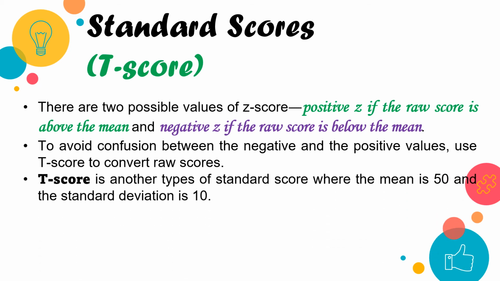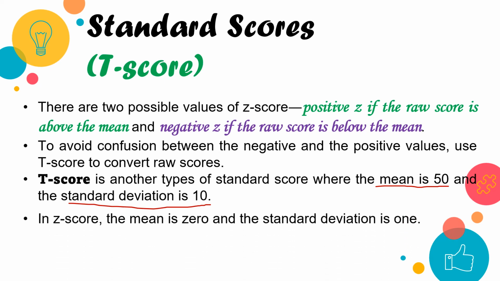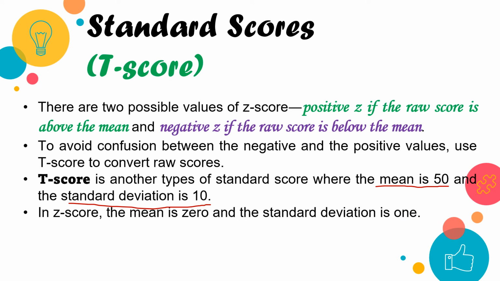Okay? T-score is another type of standard score where the mean is 50 and the standard deviation is 10. Please take note that for t-score, the mean is 50 and the standard deviation is 10. In z-score, the mean is 0 and the standard deviation is 1.